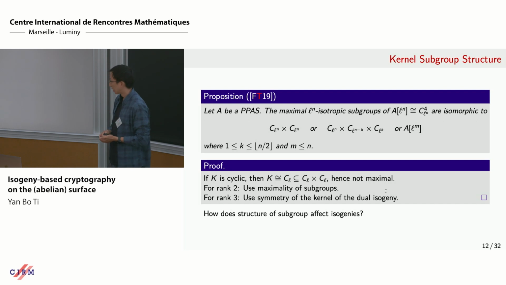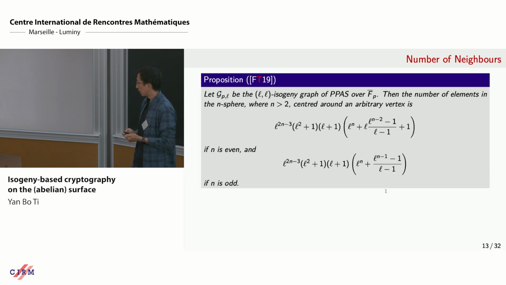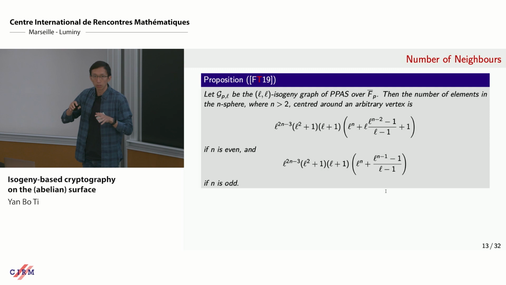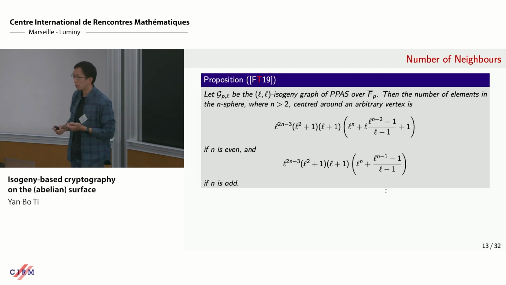Okay, next. Now that we understand the subgroups, the question is how does this affect isogenies? You want to understand how the path determines the number of elements it will touch in the isogeny graph, and this gives you a way to measure them.